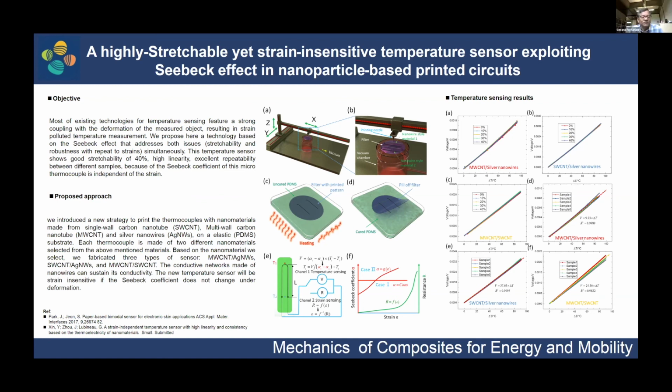Also, some nanomaterial can penetrate into part of the substrate, so the interface is really strong. Thank you.